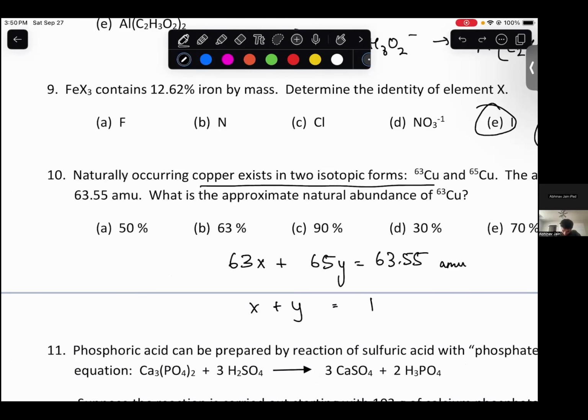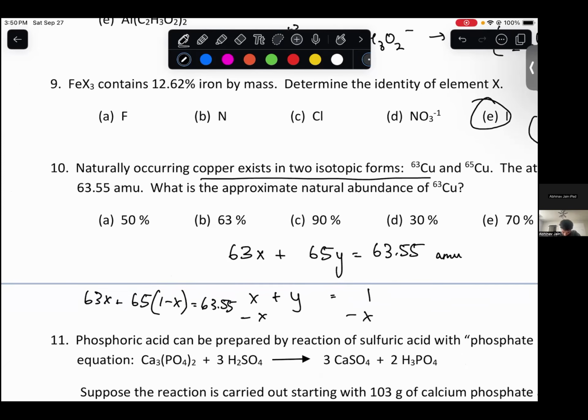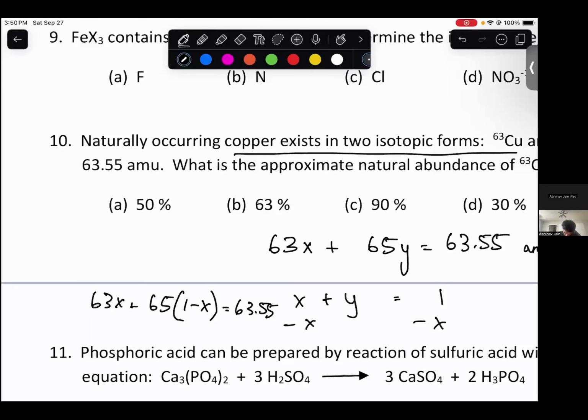If we do 63x plus, if we subtract x from both sides, we get y equals 1 minus x. We're going to do 65 times 1 minus x equals 63.55. So that means 63x plus 65 minus 65x equals 63.55.